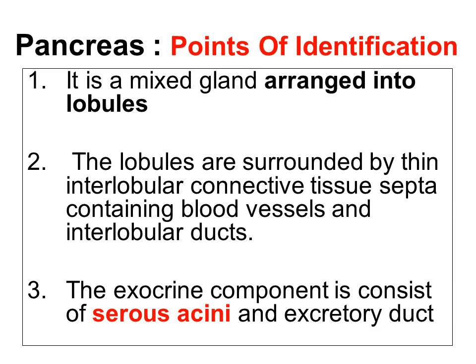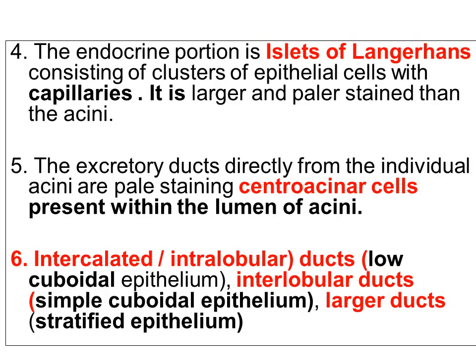The exocrine part consists of serous acini and the excretory duct. The endocrine part is made up of the islets of Langerhans, which consist of clusters of epithelial cells with a rich network of capillaries. It is a larger group of cells and they stain paler than the acini.